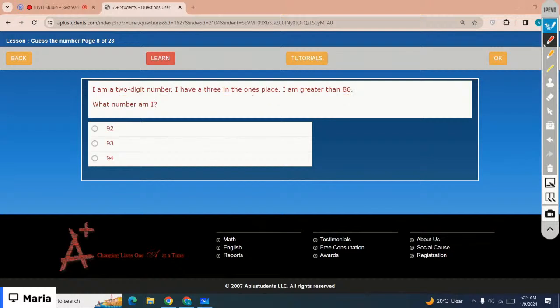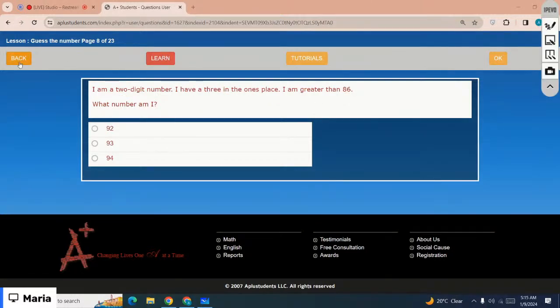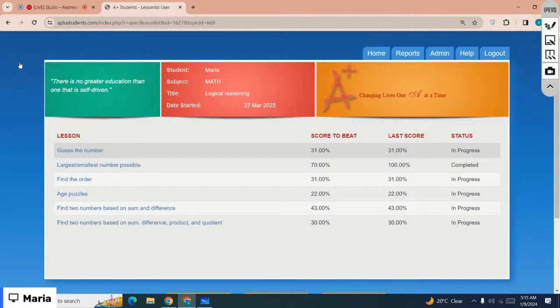Okay, you can complete the lesson by yourself later today. Let me just move on to the next lesson. And the next lesson is largest/smallest number possible.